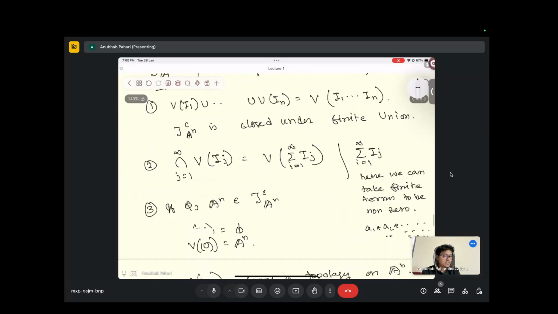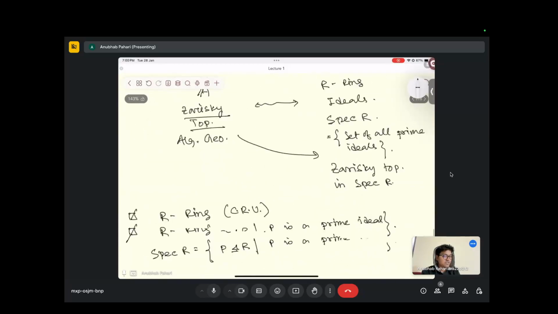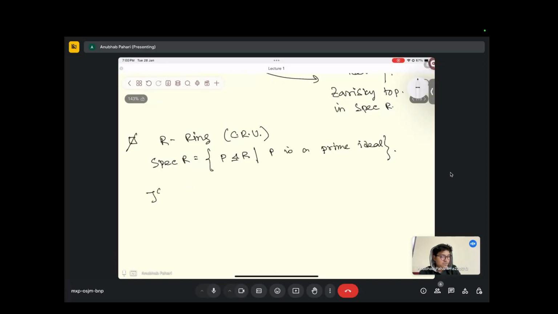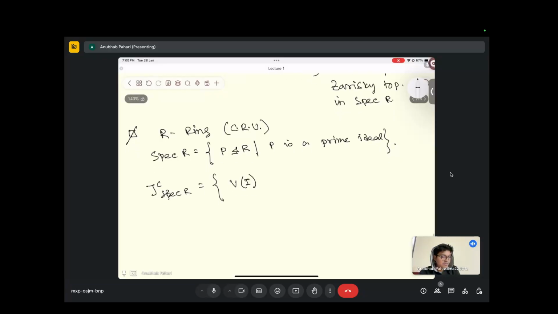Again, the same procedure: tau C of Spec R, but here my elements should be V of I, and I haven't told you what V of I is. V of I is the set of all prime ideals from Spec R such that I is contained in P.